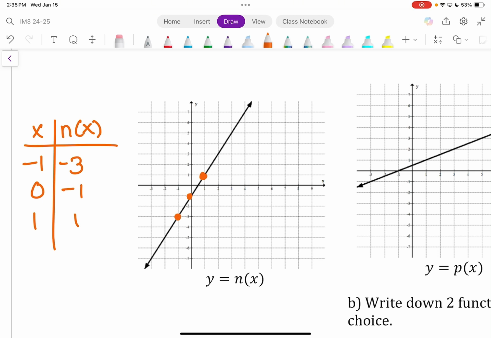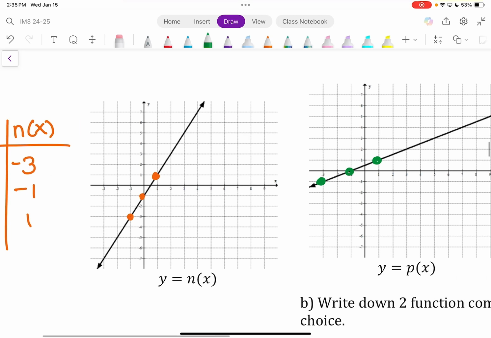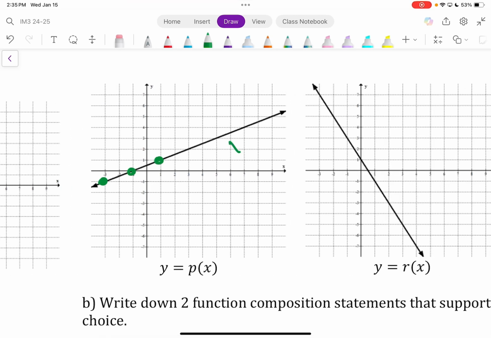In the next few minutes, I'm going to have you guys come up with a table for each of these graphs. Okay? So I'm going to put the points, I'm going to write them down, and then I'm going to have you guys go ahead and come up with a table for it. So I'll go with this point, and this point. X and P of x.